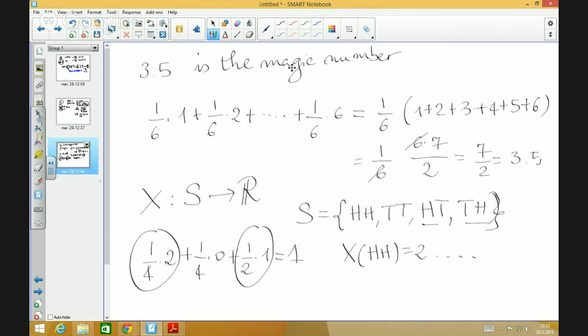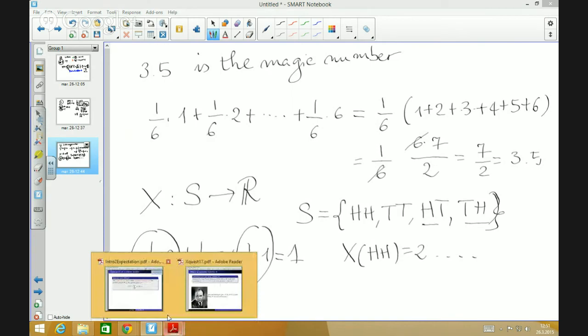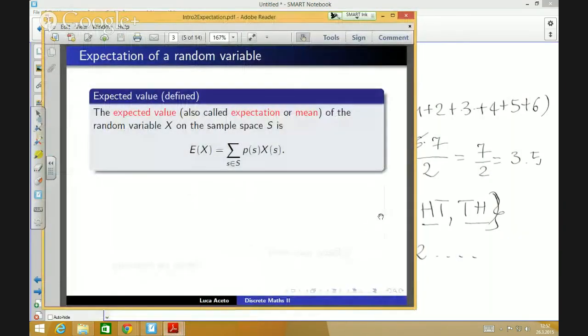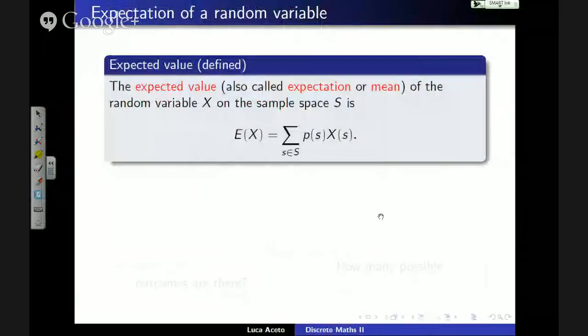So what is the definition of this expectation, of this average that we've been using? This is the question that you're all burning to see answered. I hope you're not burning too much, but that's another matter. Okay, so we have a random variable, x, over a sample space, S. What is the expectation of x?